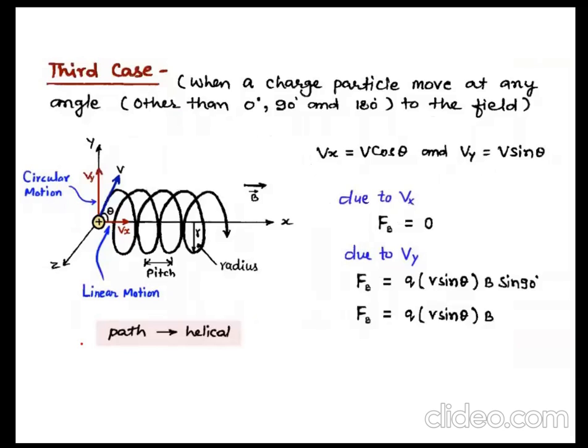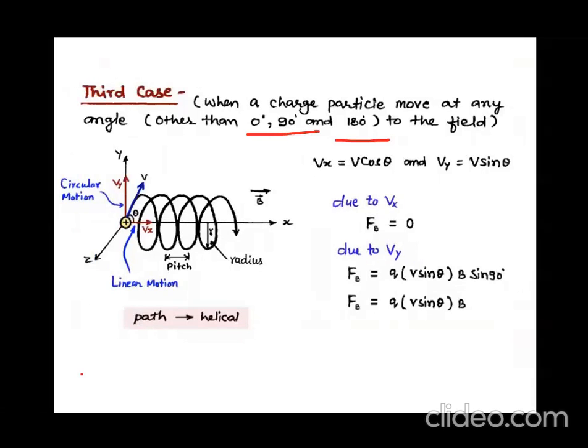We saw that the magnetic force was acting at 90 degrees to the direction of motion. So 90 degrees at each and every point means it was moving in a circular path. Now, if the angle is neither 0, nor 90, nor 180, it is something intermediate, right? So for that, this is your case number 3.